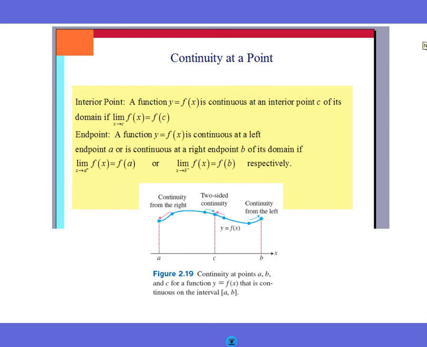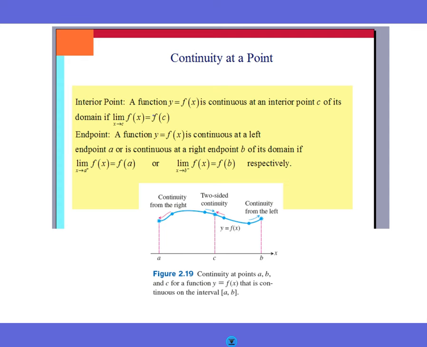Look at that. See? Here's your formal definition of continuity at a point. We say a function y equals f of x is continuous at an interior point c of its domain if the limit is equal to the function value. That's exciting.